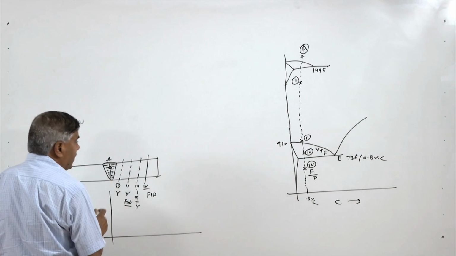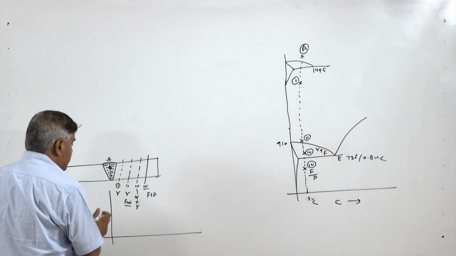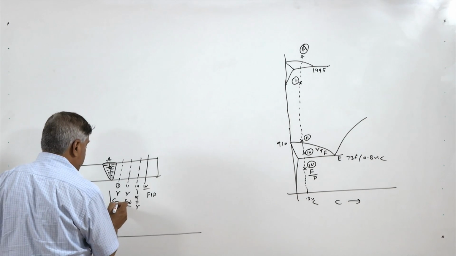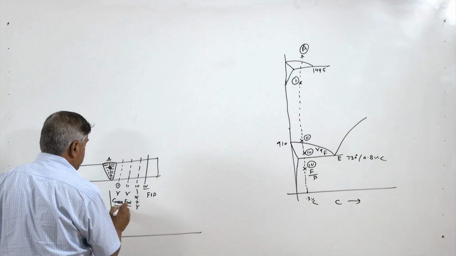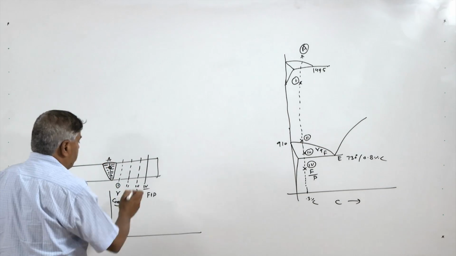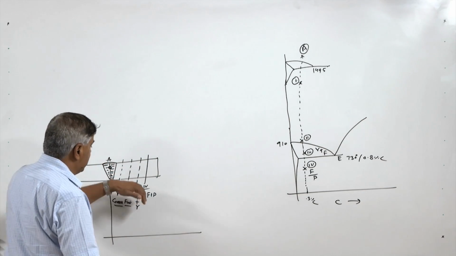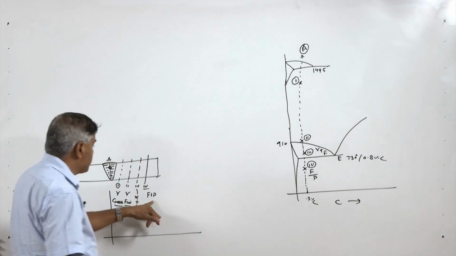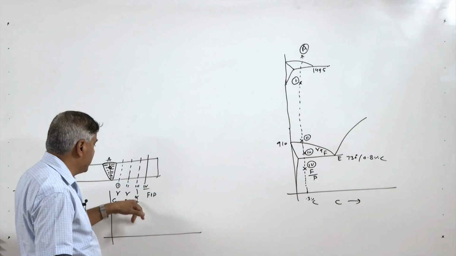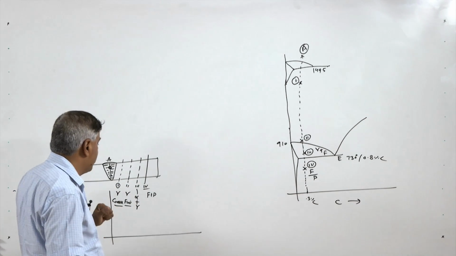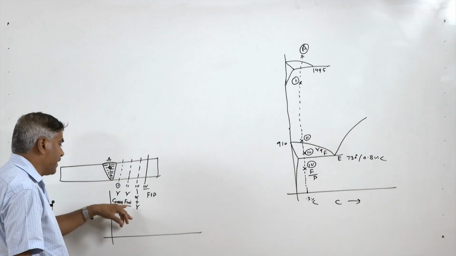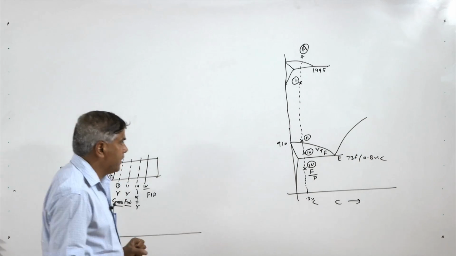So point 1 is again austenite, but it is very coarse. So, as we approach, there is a continuous change in the structure: the base metal, that is ferrite plus pearlite, then alpha plus austenite, then fine austenite, and then coarse austenite.